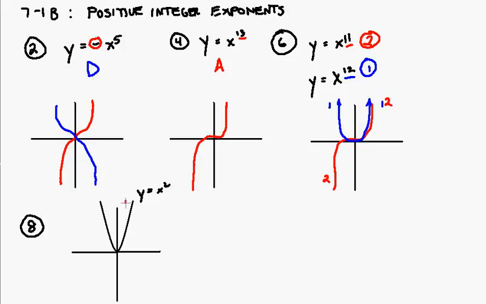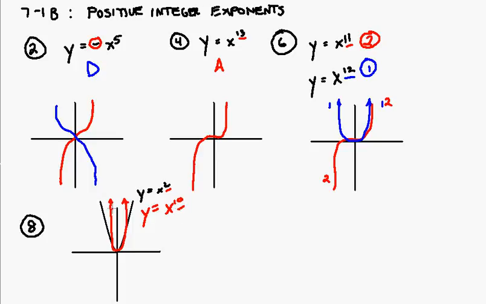So this is going to be steeper and flatter, because it's going to go up faster as values of x increase. Y is going to get bigger faster. Okay, so that would be a comparison of the two. So this would be y equals x to the 10th.